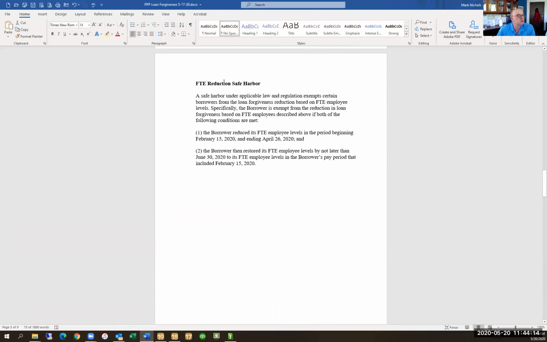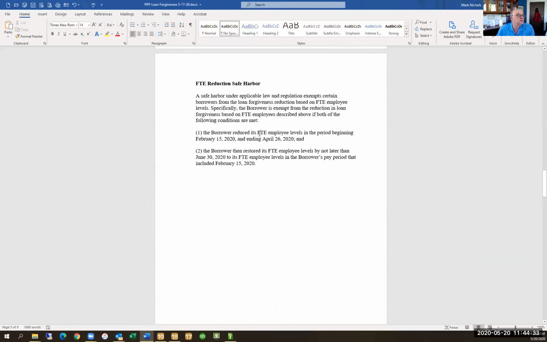And then down here, you'll notice there is what they're calling a safe harbor. And there are 2 pieces to this. It says the borrower is exempt from reduction in the loan forgiveness based on FTE if both following conditions are met.